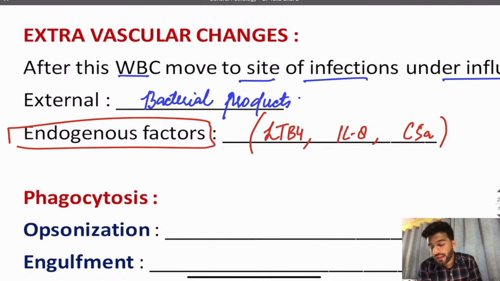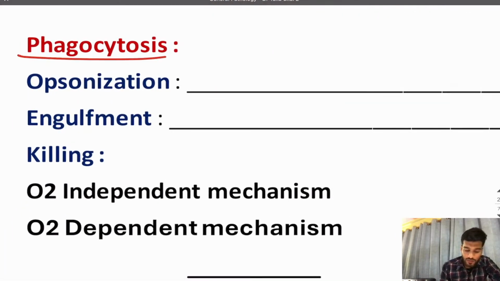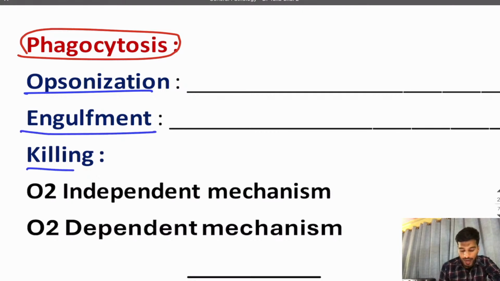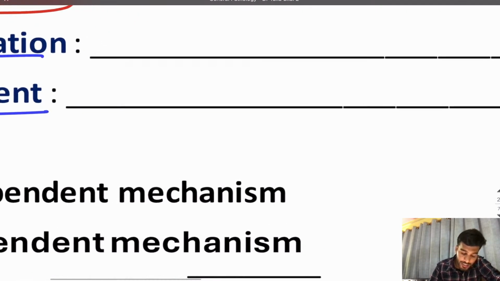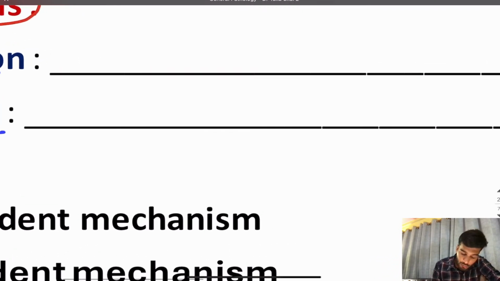The last step will be phagocytosis. In phagocytosis we have three steps: opsonization, engulfment, and killing. All these are MCQs, guys. For opsonization we need opsonins. What are the opsonin molecules?